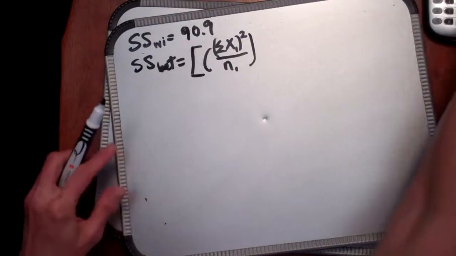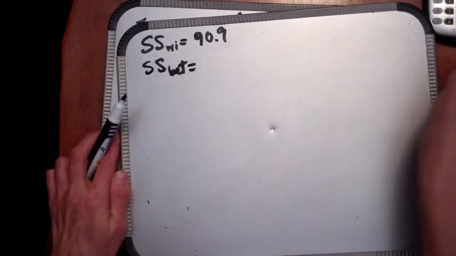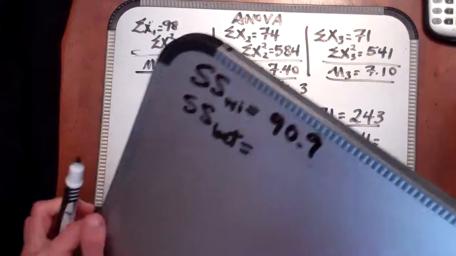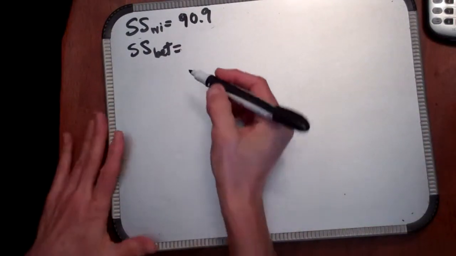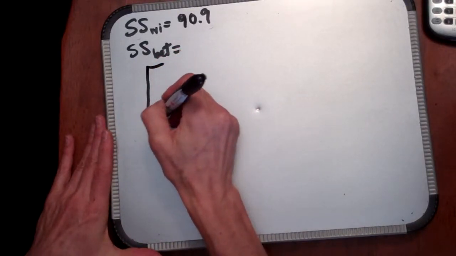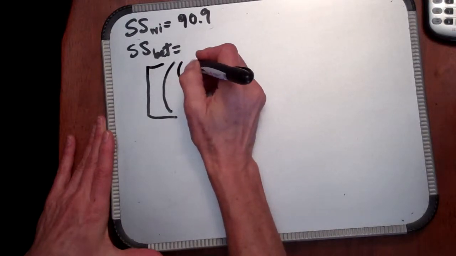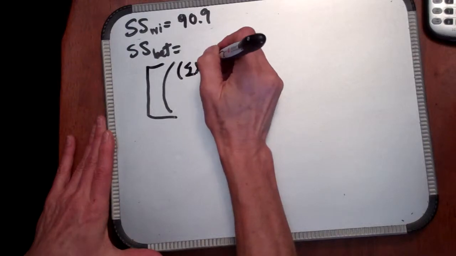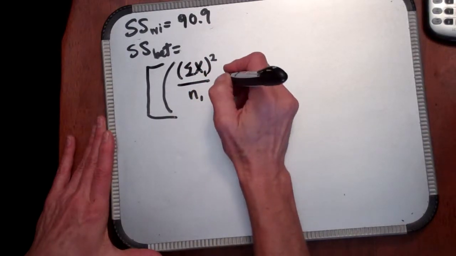Let me do this a little bit differently so we have enough room here. Okay, sum of squares between. Sum of the x's from group 1 squared divided by the n of 1, right?